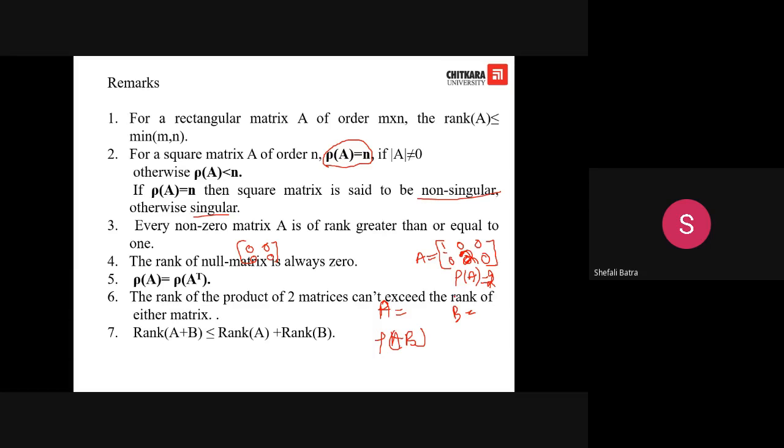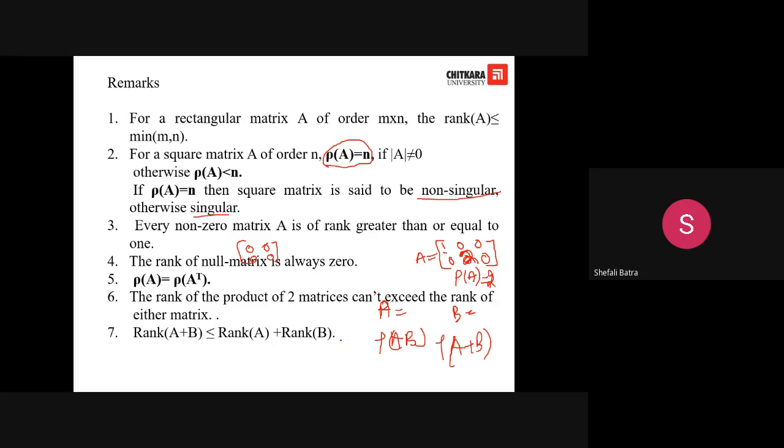Rank of A plus B is less than or equal to rank of A plus rank of B. When you add A plus B and find the rank of A plus B, that would be less than or equal to rank of A plus rank of B. Right, so these are some remarks related to rank. You need to remember all these remarks.